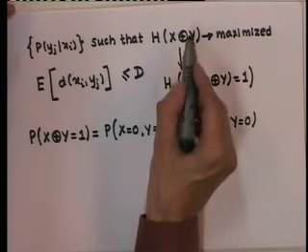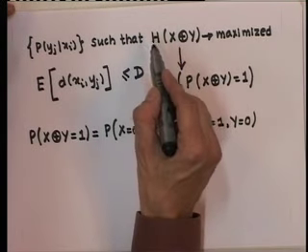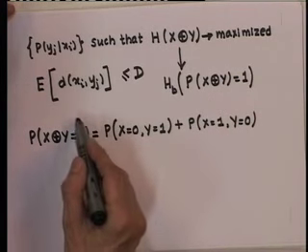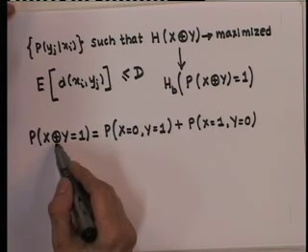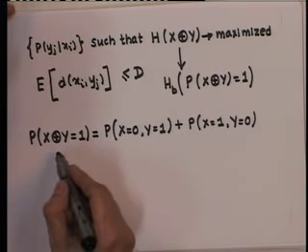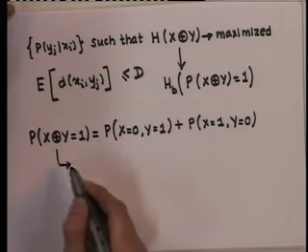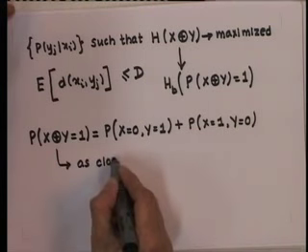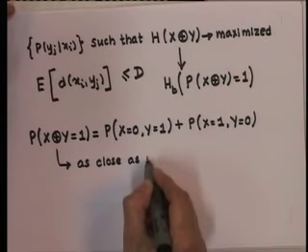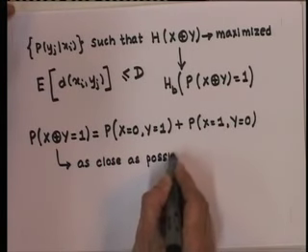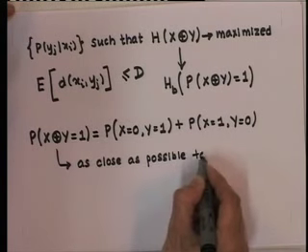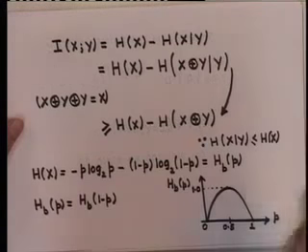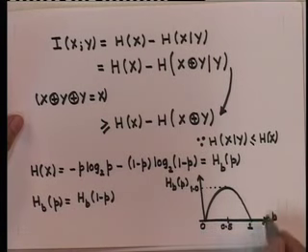Therefore, to maximize this quantity, we would like the probability of X XOR Y equal to 1 to be as close as possible to 1/2, based on this plot.